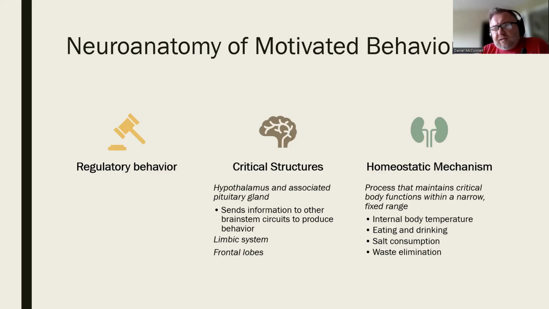There are stretch receptors in the blood vessels. And when the blood volume decreases, these stretch receptors detect the contraction of the blood vessels. And that sends a signal to the brain, such as the hypothalamus and the pituitary gland, and that activates the feeling of thirst, right? Now I feel thirsty.